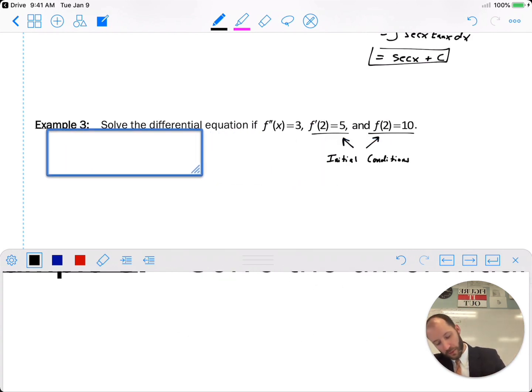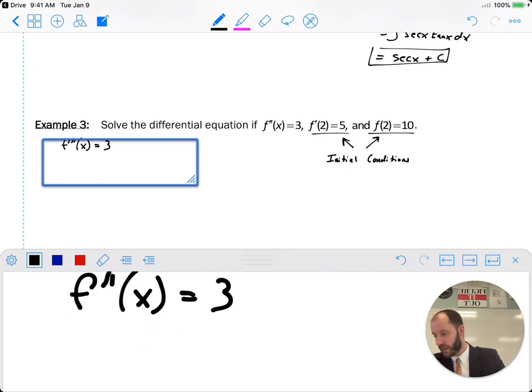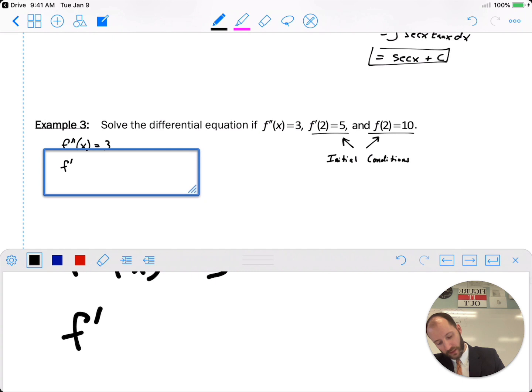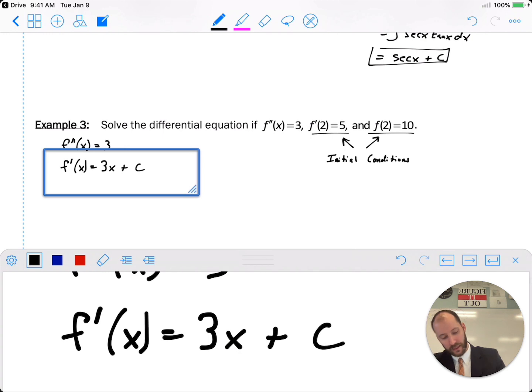So f double prime of x is 3. So let's go one rung up the ladder. Go to f prime of x. That would be 3x plus c, because the derivative of 3x is 3, and the derivative of c, which is a number, would be 0.